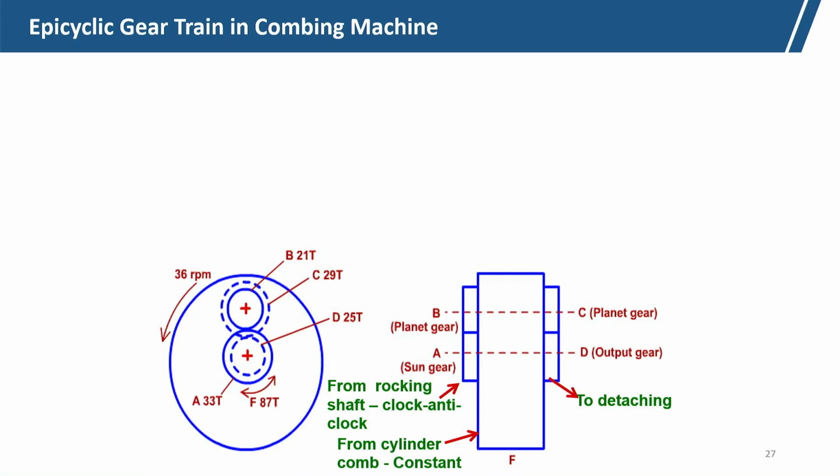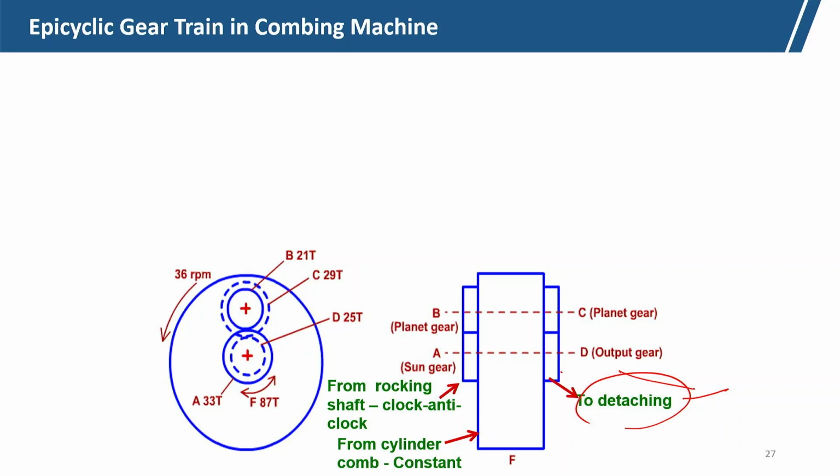So, what we can see here is that A gets drive from the rocking shaft, in the anti-clockwise and clockwise direction, and arm F gets its constant motion from the cylinder shaft, and the combination of A and F gives drive to D, and from D the detaching roller gets motion.